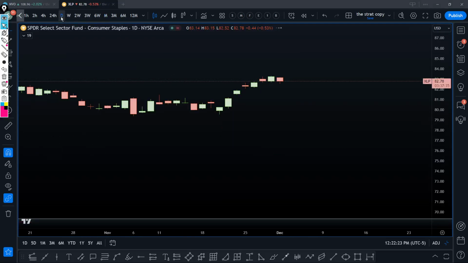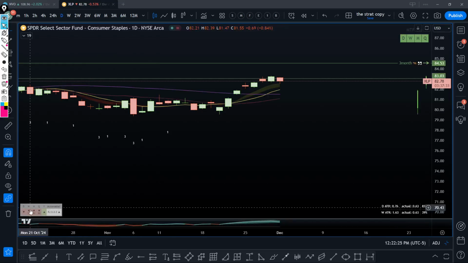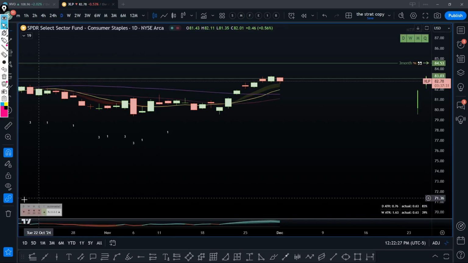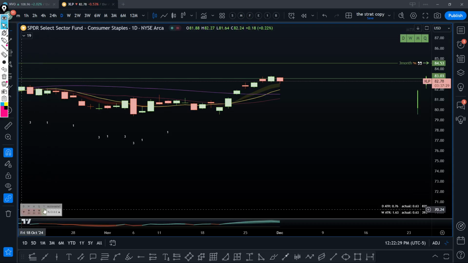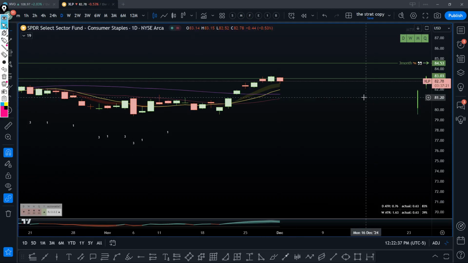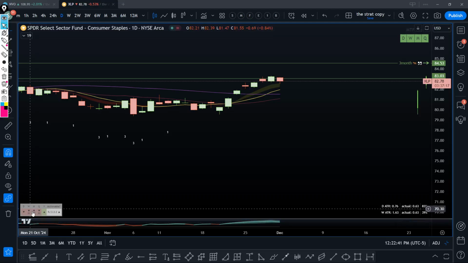And then if we go down to the day, we can see that right now the full time frame continuity is kind of to the downside. So what I would be waiting for is a reversal back up, flipping some of these greens. What we do have is a new day, a new week, and a new month.